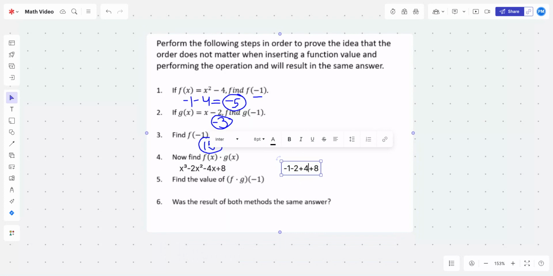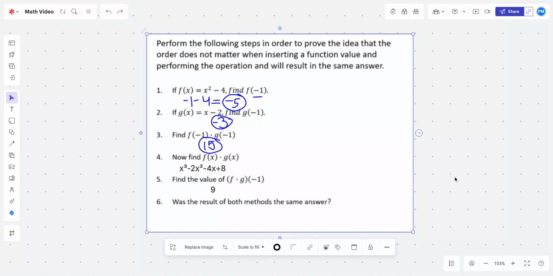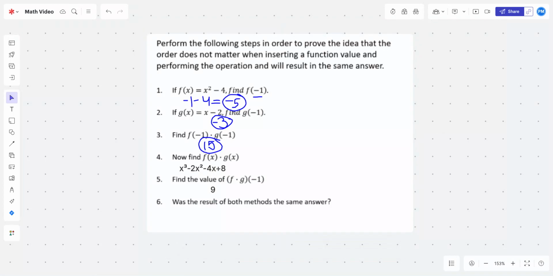I checked this cubing, and that remains a negative 1. So essentially here we got a 9, which is different. So there must be something that we have done wrong.